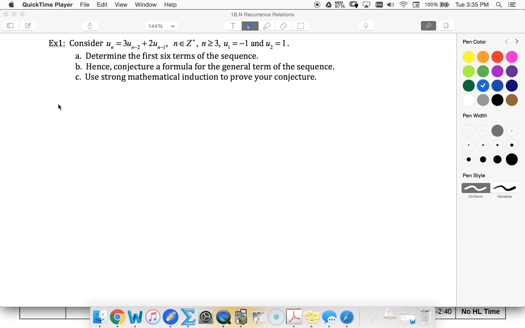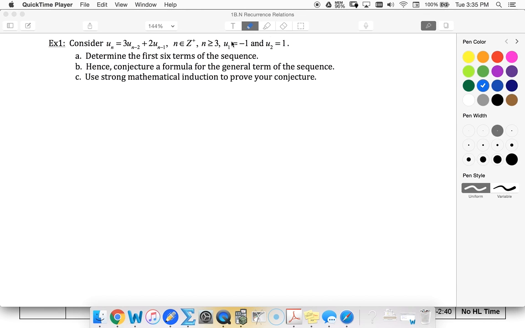All right, in example 1, we're looking at a second-degree linear homogeneous recurrence relation. I know that because I have my linear values here, my constants, and I've got 2 previous terms.